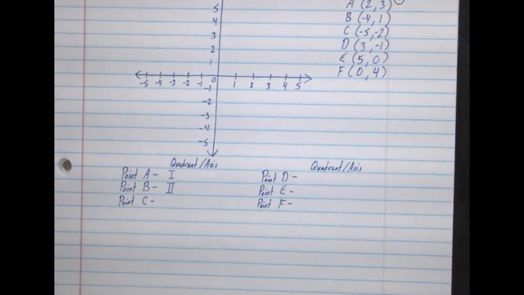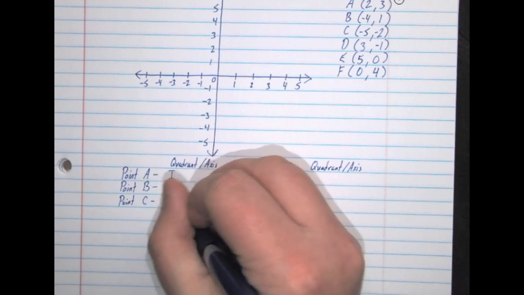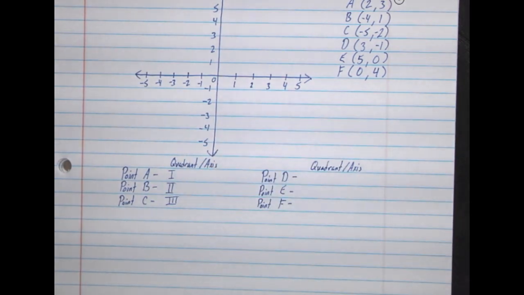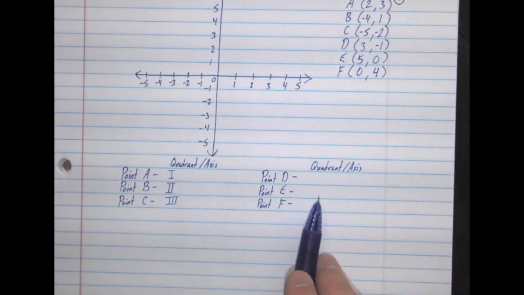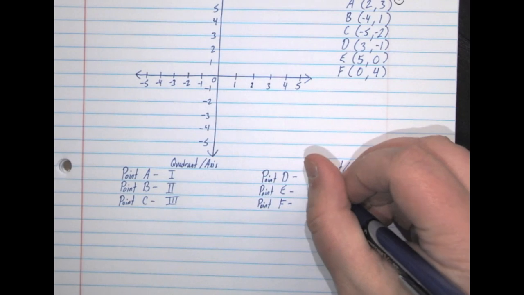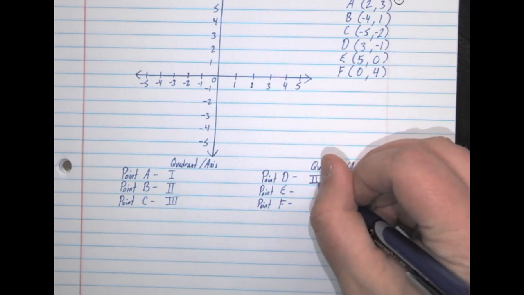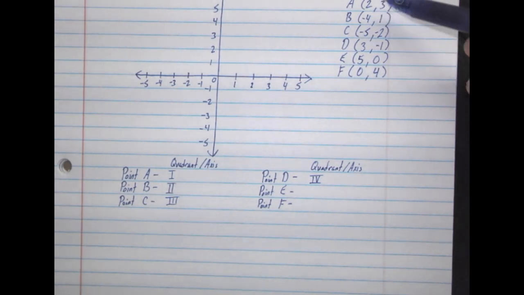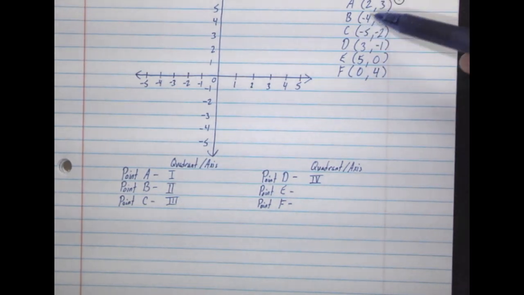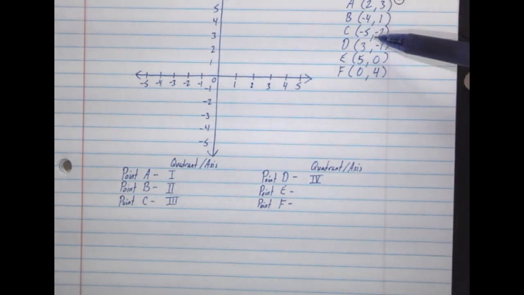So we got 2 negatives. That's going to put us in quadrant 3. Point D, over 3, positive, down 1, -1. That's going to put us in quadrant 4. See, we paid attention to our signs up here. That is our big indicator, is what those signs are on those numbers.